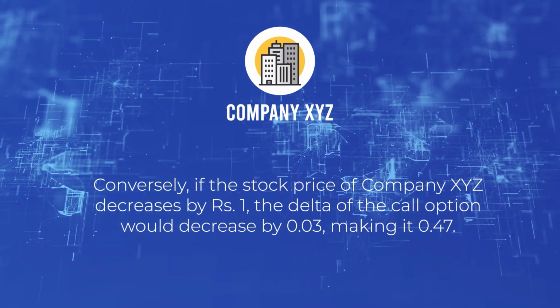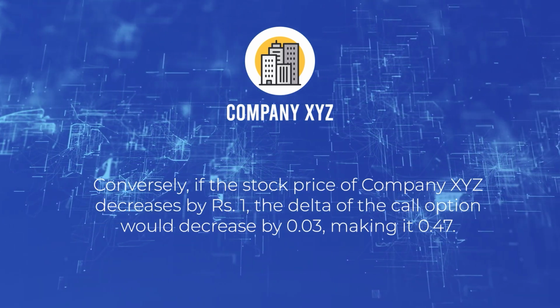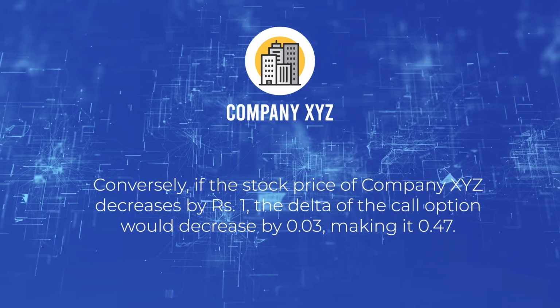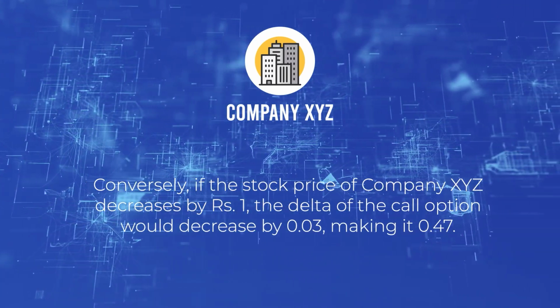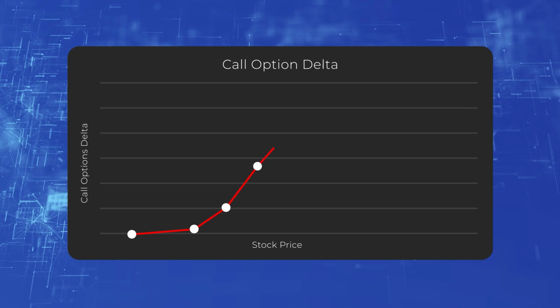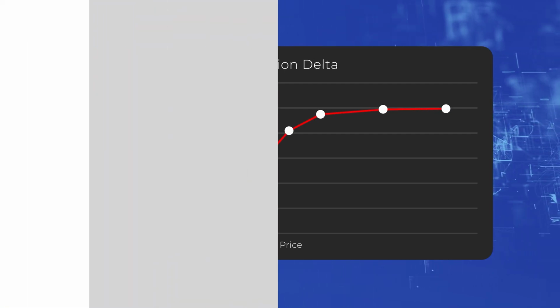Conversely, if the stock price of the company XYZ decreases by rupee 1, the delta of the call option would decrease by 0.03, making it 0.47. So, gamma is crucial for understanding how delta will change as the stock price moves.